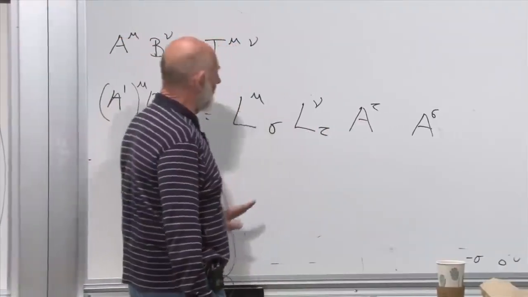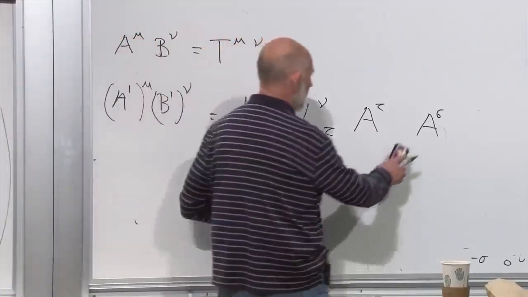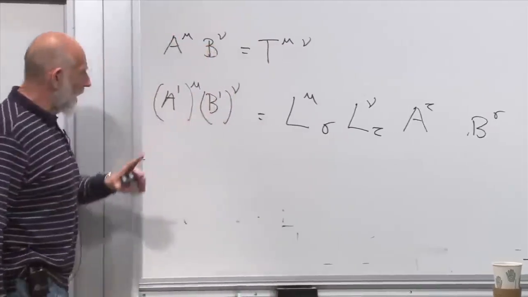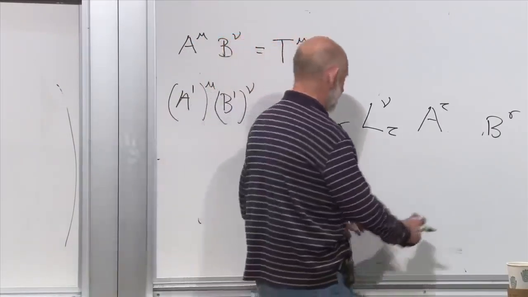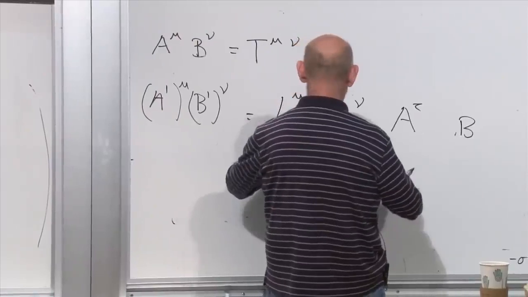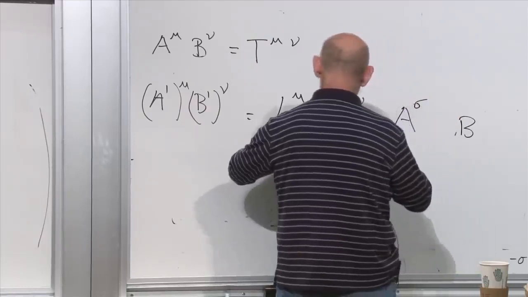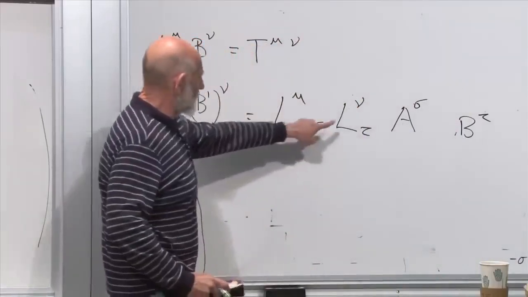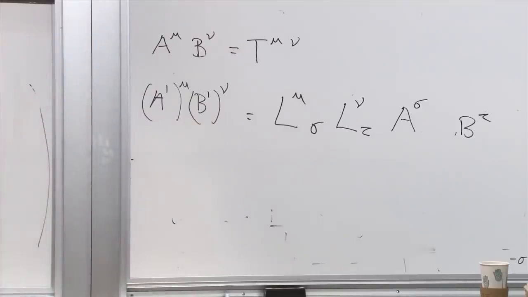L times this B, excuse me, B sigma. B prime mu sigma sigma. Right? Good. Tau, tau. Good. Now we're cooking. Sigma goes with A, tau goes with B, and now the equation is consistent.